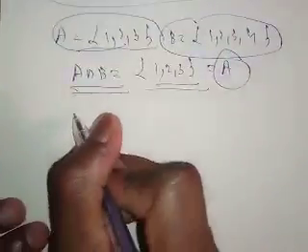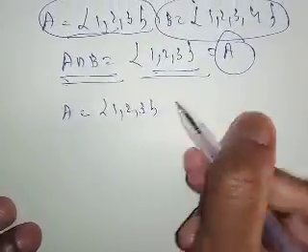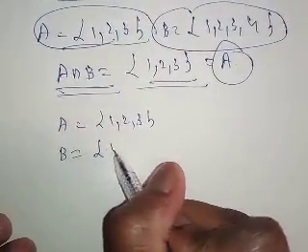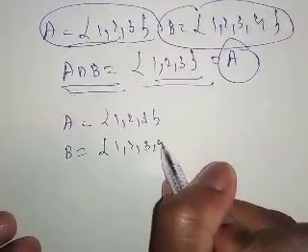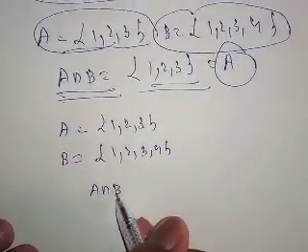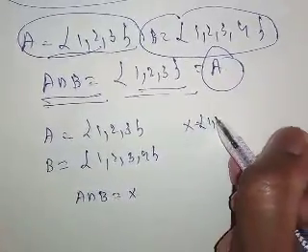Let's take one example. Let's take A is equal to {1, 2, 3}. And B, just for example, you take {3, 4}. And A intersection B we say is X; X you take as {1, 2, 3}.